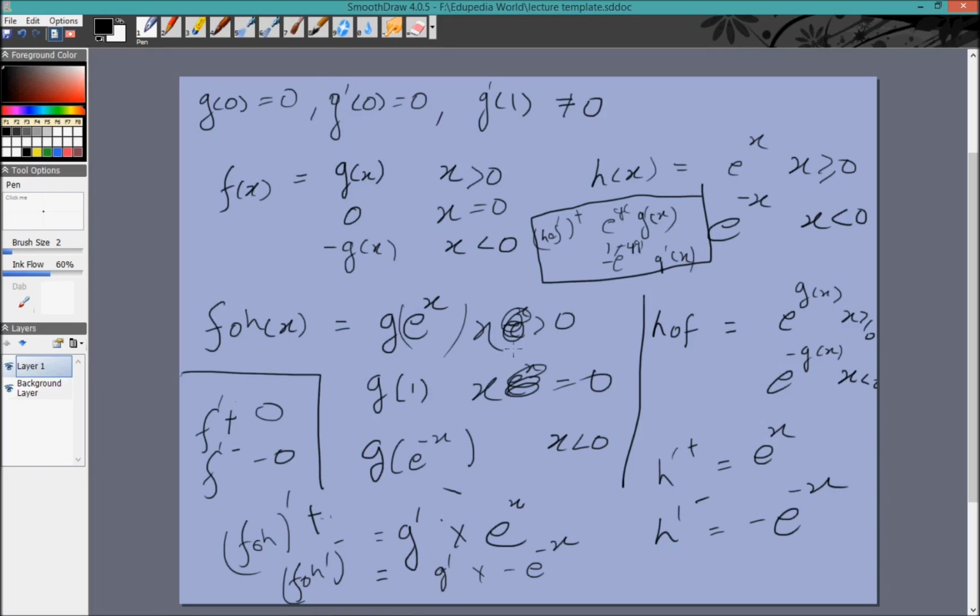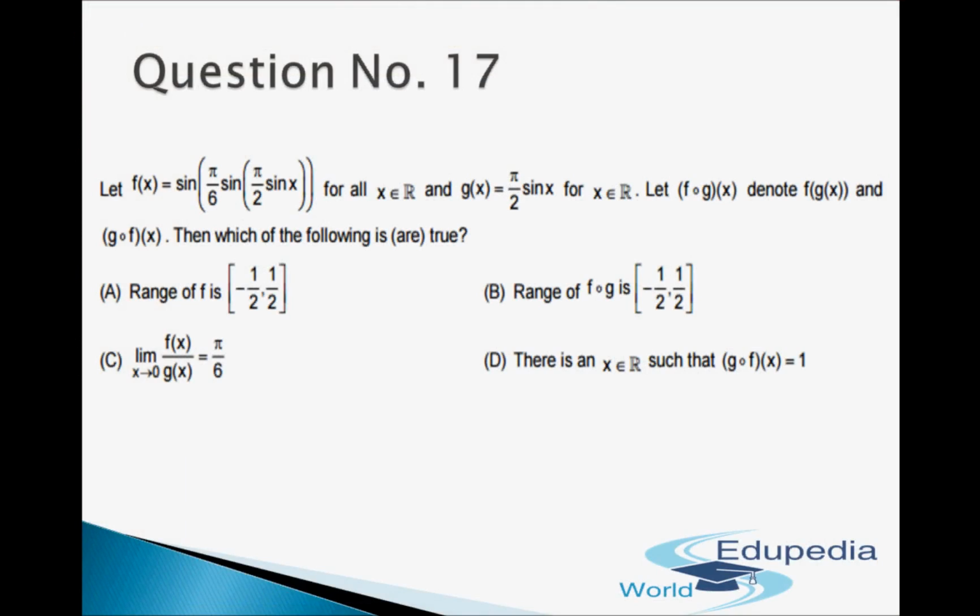So these two are equal, which means f and h of f are differentiable, whereas h and f of h are not differentiable, which gives my final answer as A and D. This makes all the difference. It is explicitly given to us that g'(1) is not equal to 0. Let's look at the next question.